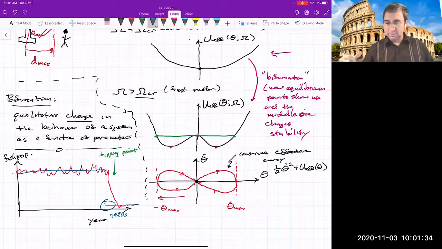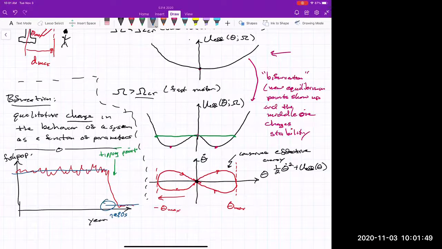Any questions about this bifurcation stuff or phase portraits and whatnot? So, no? Yeah, go ahead. So this thing can come back, right? I'm just trying to wrap my head around that.